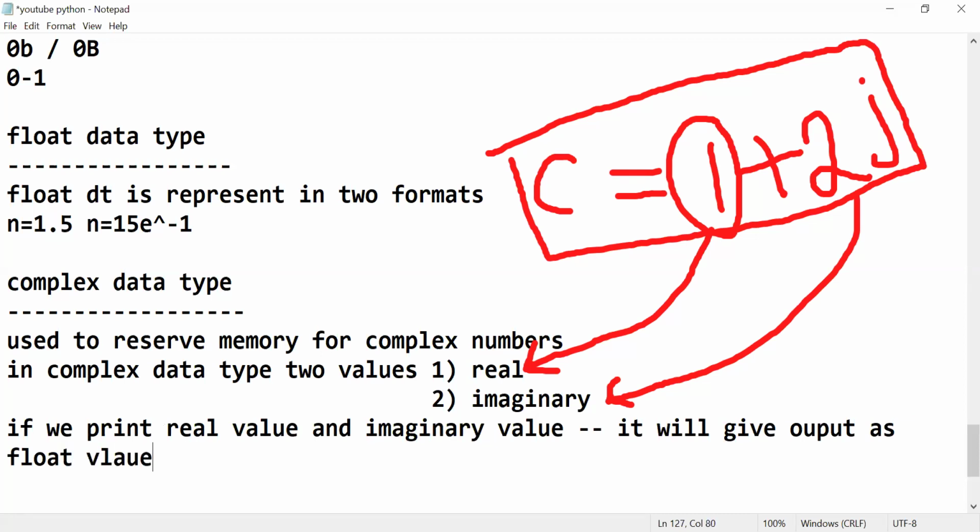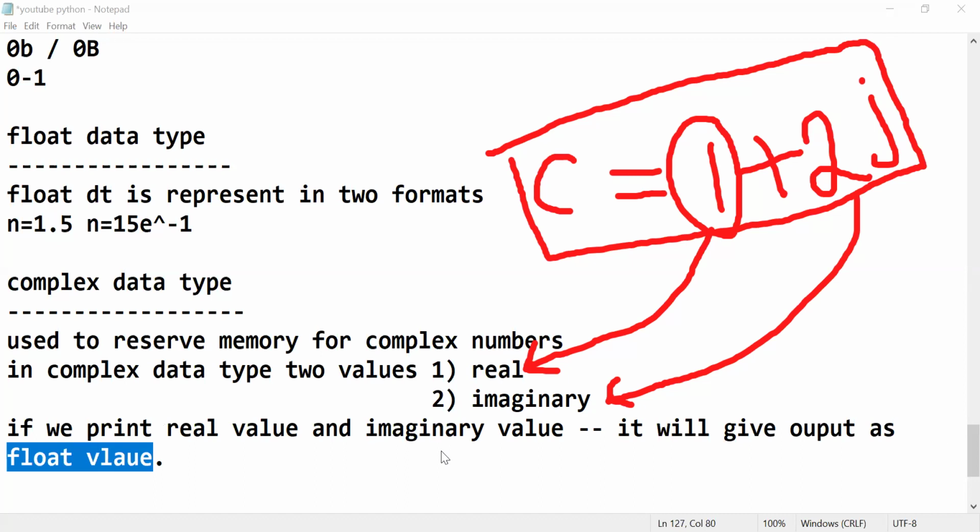I hope you know what a float value is; just now we discussed it. It will give output as a float value. Now I will execute and show you how it gives, then you can understand what a complex value is.